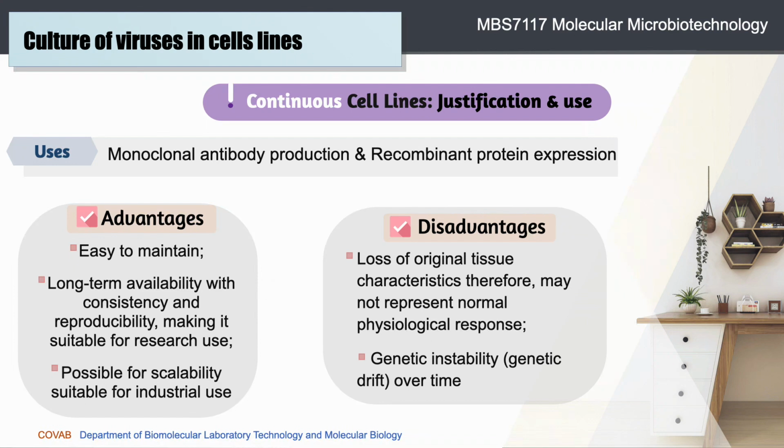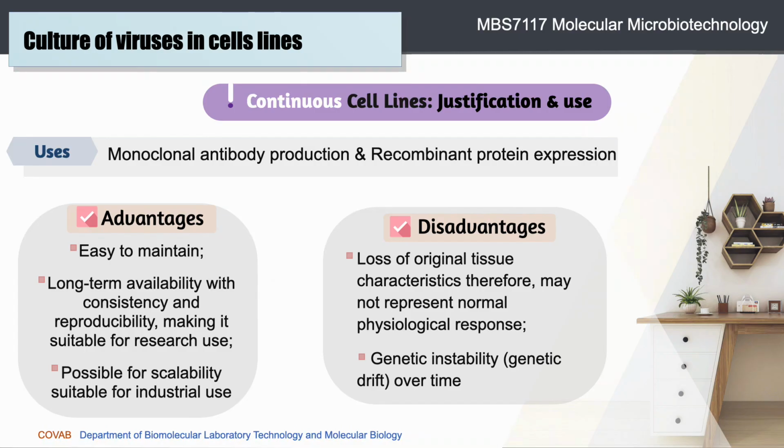They have long-term availability with consistency, so there's no batch variability, and it makes reproducibility a feature that we can depend on, and this makes them suitable for use in research. Thirdly, it is possible to scale them to be used at an industrial level.